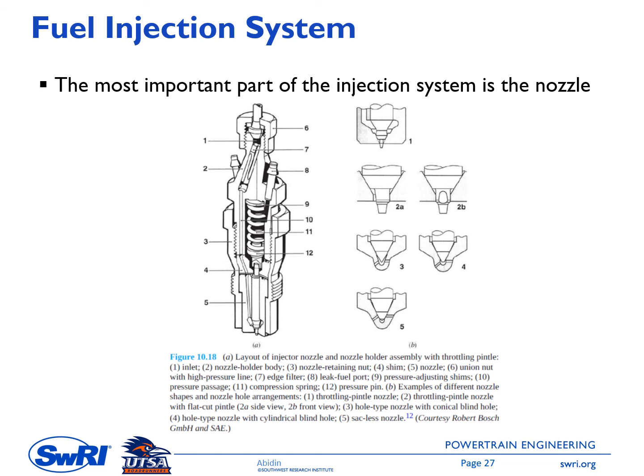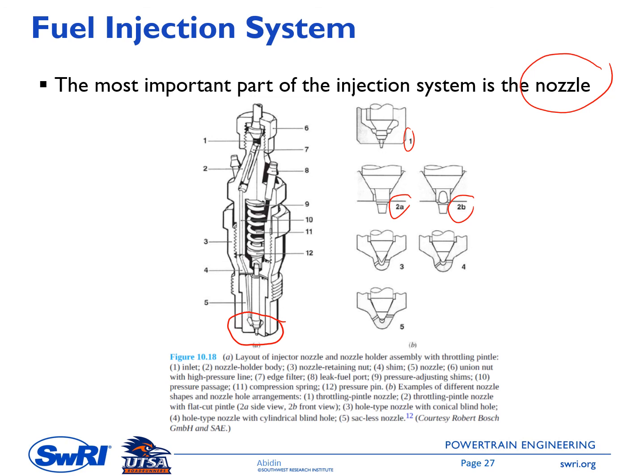So the most important part of the injection system is the nozzle. This is at the tip of the injector, and on the right side you can see a schematic of this nozzle. For example, number 1 is a throttling pintle nozzle, and A to B here is the side view and front view.